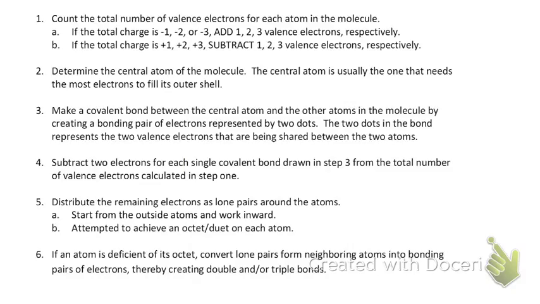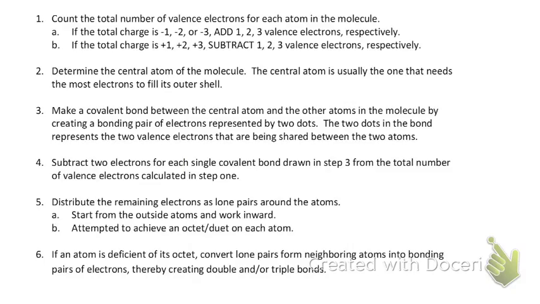All right? And then once you have that done, then step 5 says you're going to distribute the remaining electrons as lone pairs around the atoms. And what's important is A and B. All right? So 5A, you need to start from the outside atoms and work inward. Always start making lone pairs on the outside atoms, and then you'll go to the central atom at the end. Right?